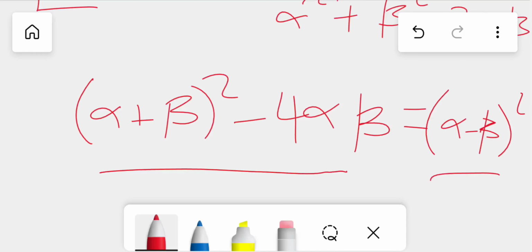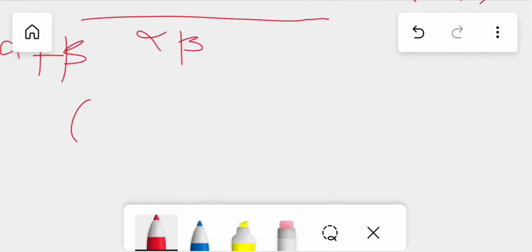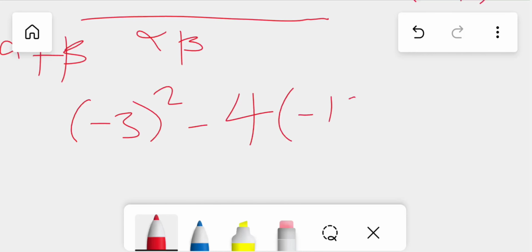From this part, we're going to substitute the values we found for alpha + beta and alpha beta into this identity. We found that alpha + beta is −3, so (−3)² minus 4 times alpha beta, which is −15/2.